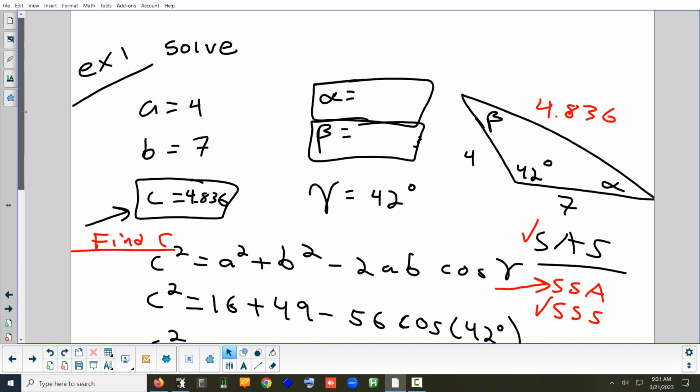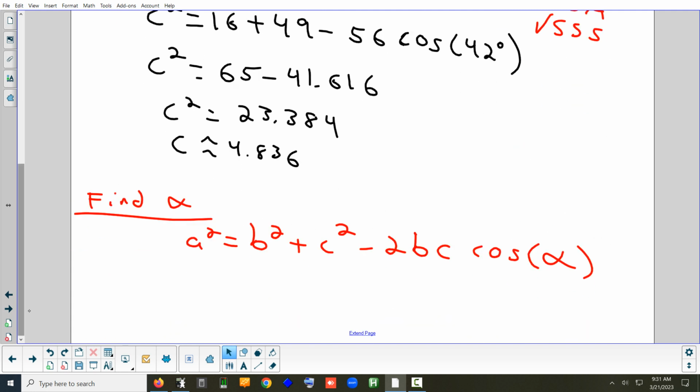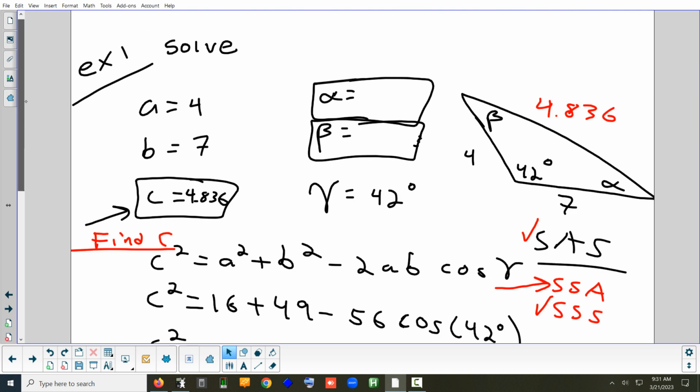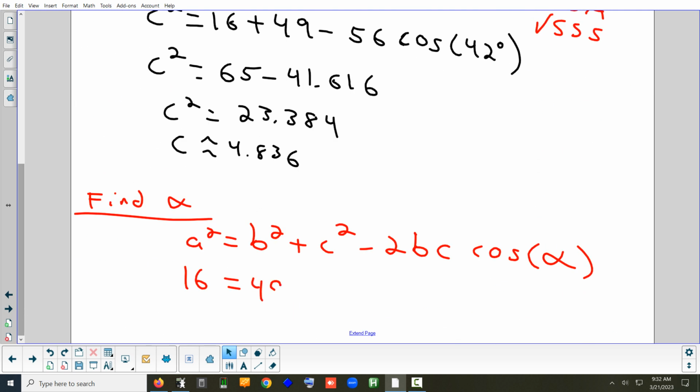So a squared is how much? 16. B squared? 49. And how are we going to get c squared? I wouldn't take c and square it.